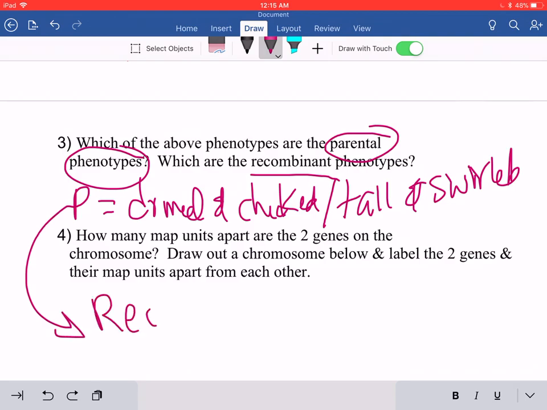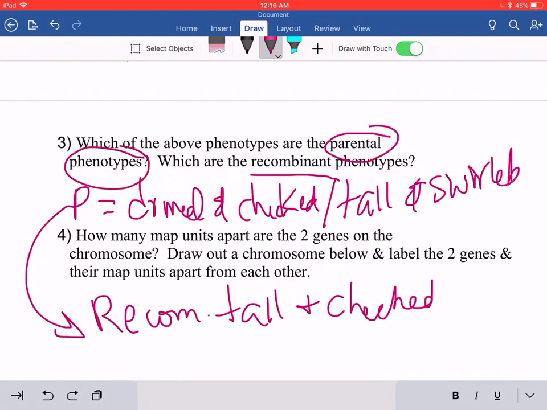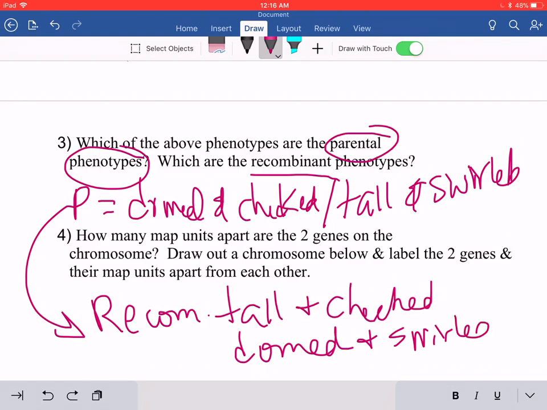Your recombinants are going to be the tall and checked and the domed and swirled. Again, the two combinations that are the least common or not seen as frequently.